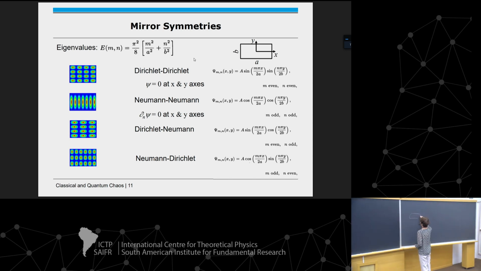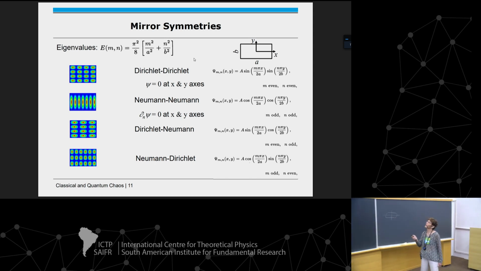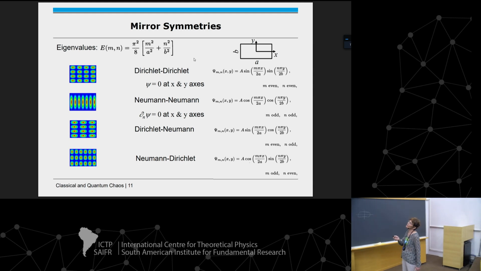So here you have this symmetry and this symmetry, and you can do exactly the same. You can divide into 4 sequences. One would have Dirichlet boundary conditions, the other Neumann-Neumann, one Dirichlet-Neumann, and one Neumann-Dirichlet. This would correspond to symmetric, symmetric, antisymmetric, antisymmetric, and so on. So this you can also do.